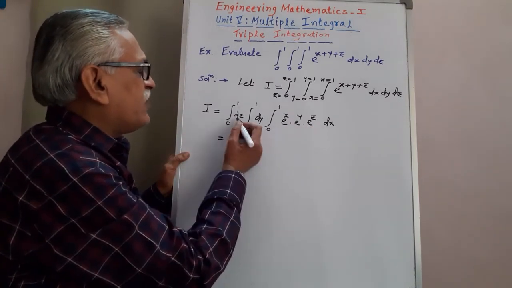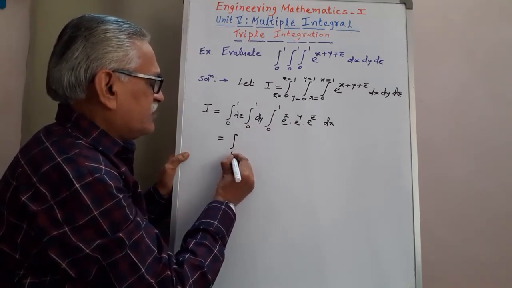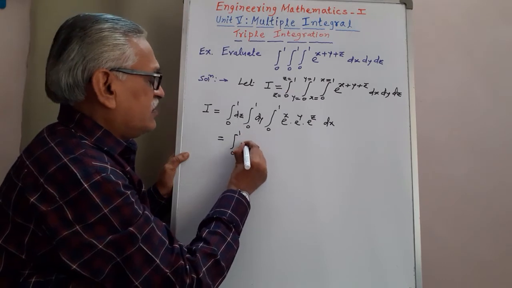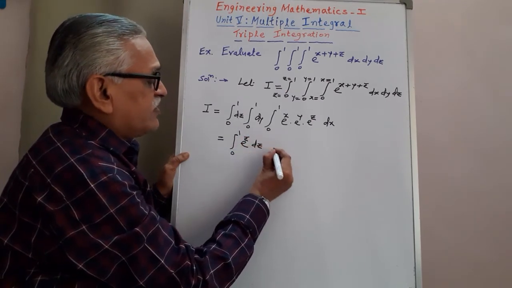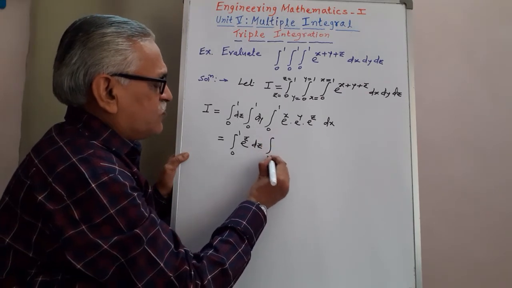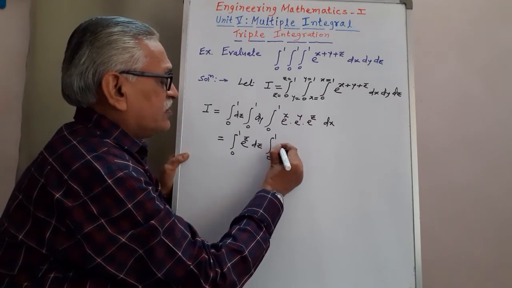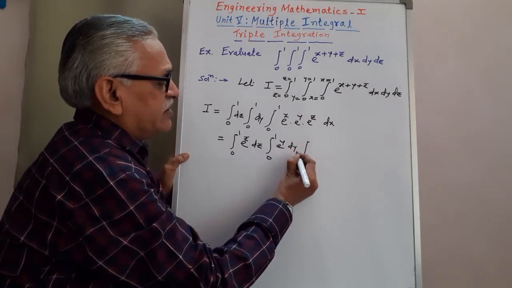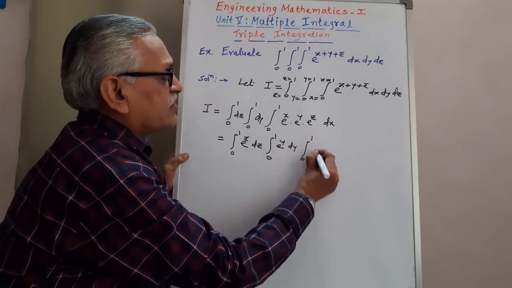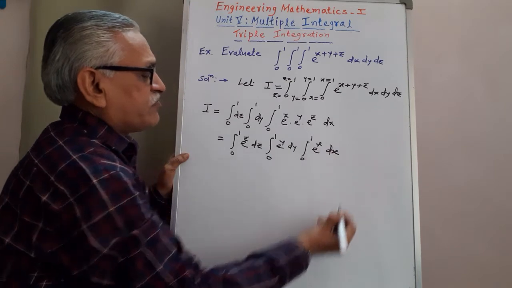Therefore e raised to z I will associate with the first integration, 0 to 1 e raised to z dz, then integral from 0 to 1 e raised to y dy, and then integral from 0 to 1 of e raised to x with respect to x.